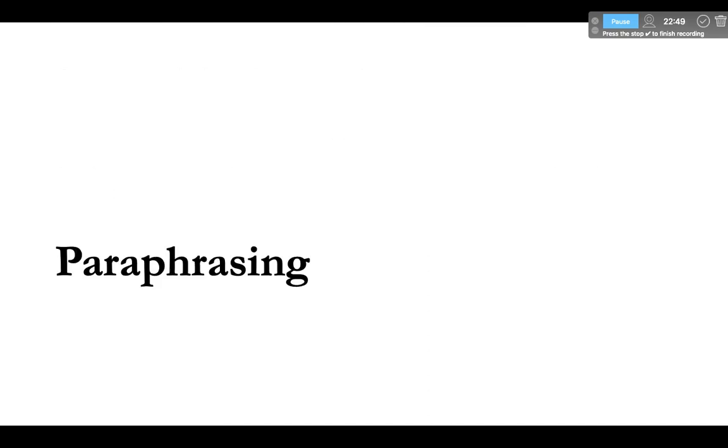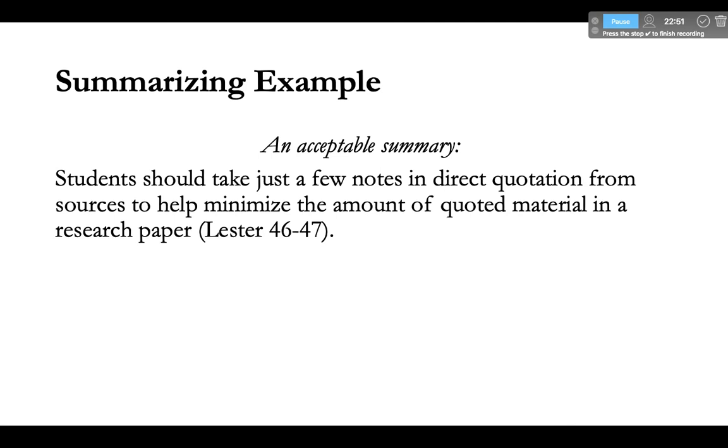And if you want more information on summarizing, please refer to the lesson on how to write a summary. And also note that, when you summarize, you still need an in-text citation. So, it's one thing if you're summarizing an entire article, like you should contextualize that through a signal phrase.